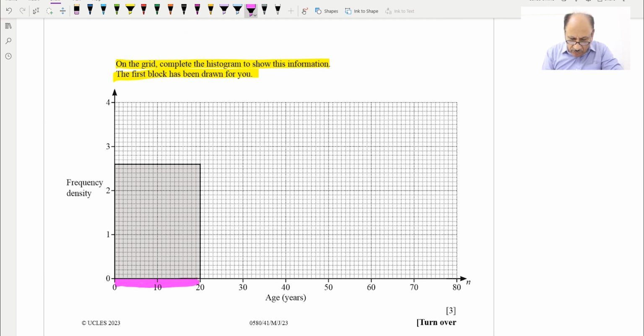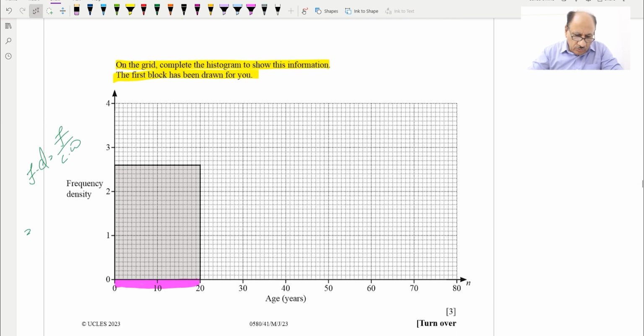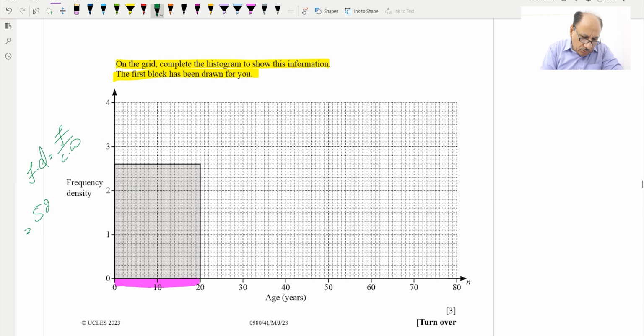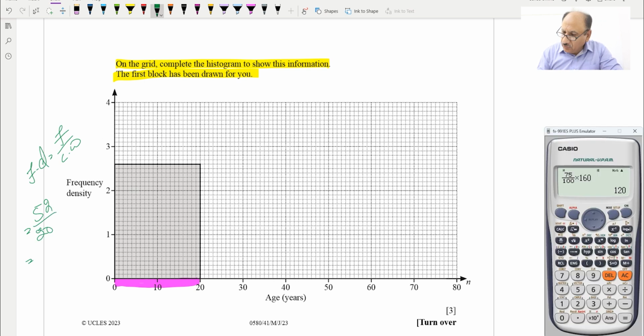So we know frequency density is equal to what? Frequency density is equal to frequency over class width. So frequency is 52 divided by 20, and this will be what? 52 divided by 20 is equal to the decimal value 2.6.